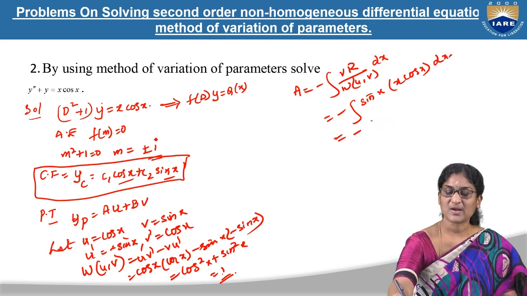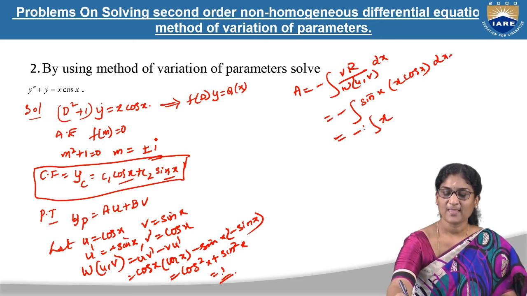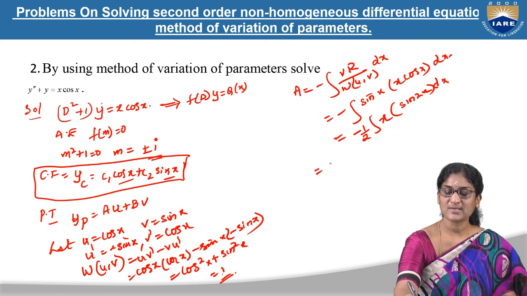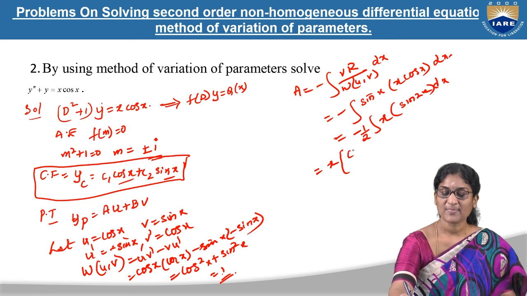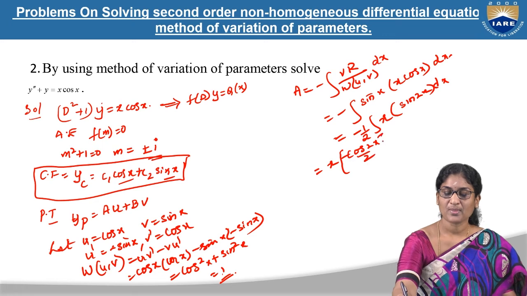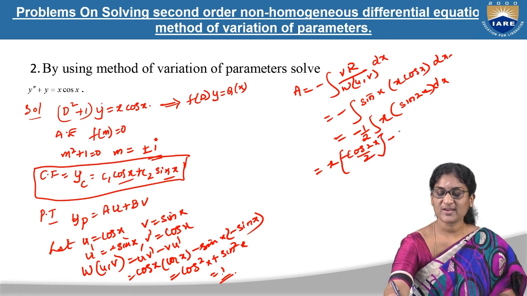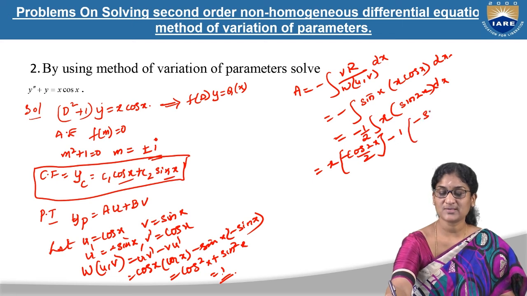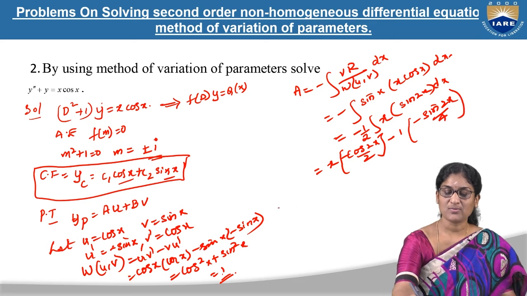This can be written as minus integral of x into, if I multiply by 2 and divide by 2, sin 2x dx. So I'll do the integration by parts. That is, x as it is, integral of sin 2x, that is minus cos 2x by 2, minus derivative of x, that is 1, and integral of minus cos 2x, that is minus sin 2x by 4. So this is the a value I got.